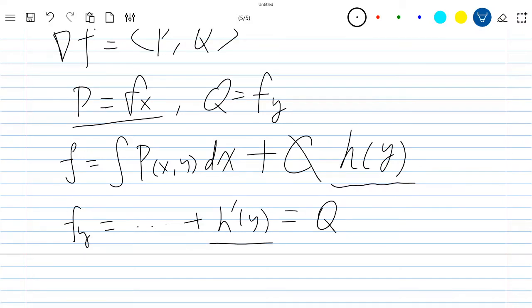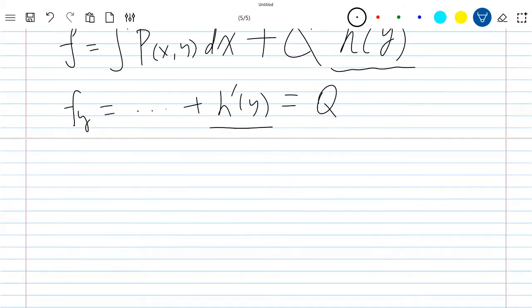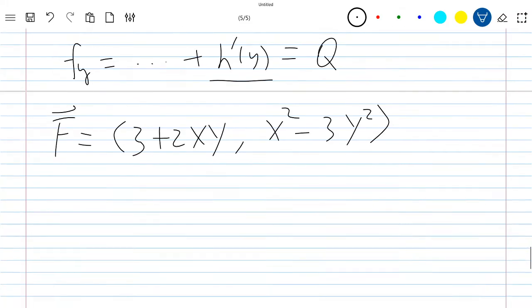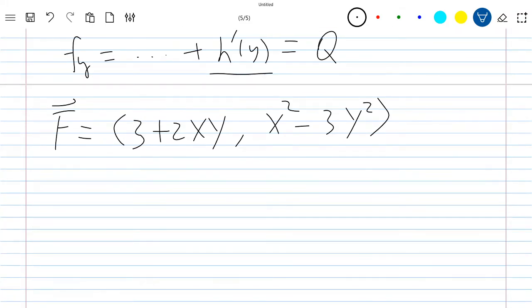All right, let's see another example so you can see what I'm talking about. Let's say F equals (3 plus 2xy, x squared minus 3y squared). Is that a conservative field? Let's check it.